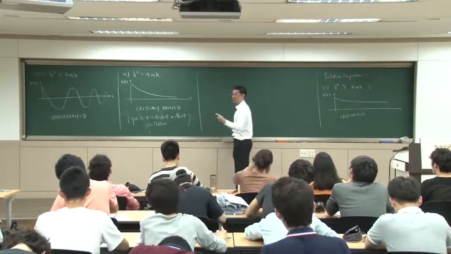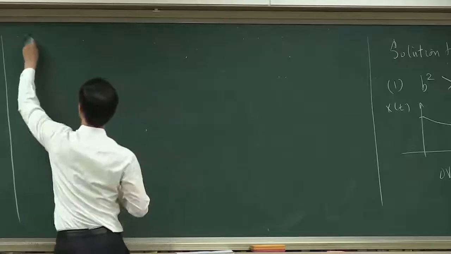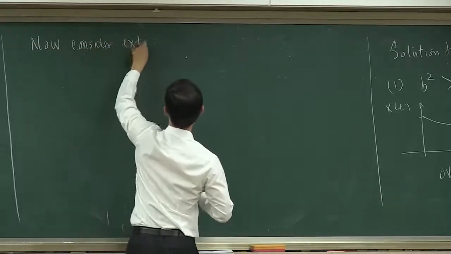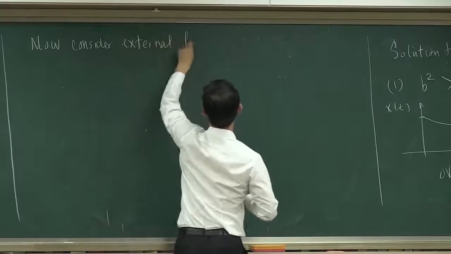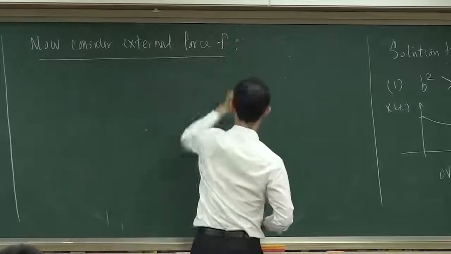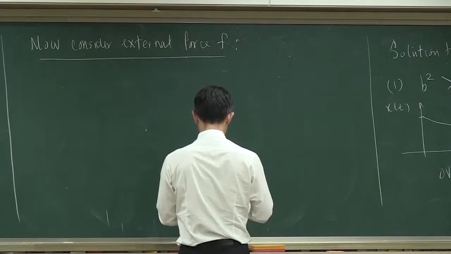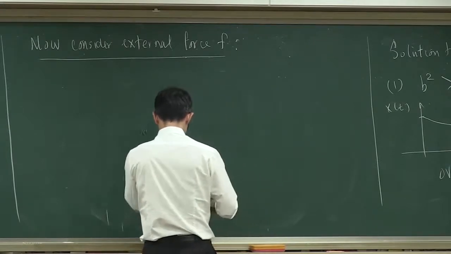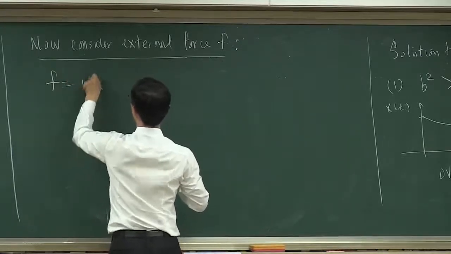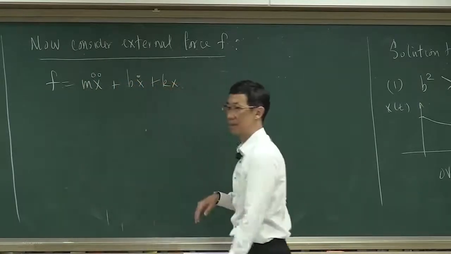All right, now let's turn it into a control problem. Now consider an external force F applied to the spring. So F is equal to m x double dot plus b x dot plus kx.